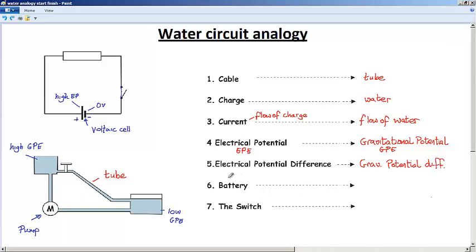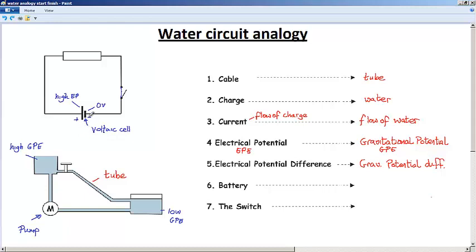And finally, the battery in the electrical circuit is analogous to a pump in the water circuit. That's to say, the pump raises water from a low gravitational potential to a high gravitational potential. Well, the voltaic cell or battery does the same thing.